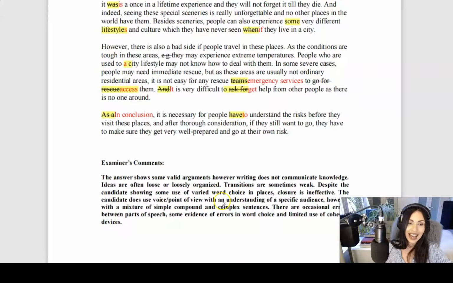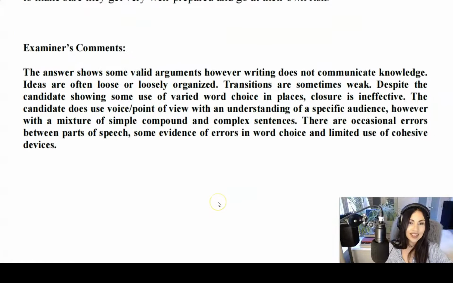Right, finally we look at some examiner's comments, and here were the comments. The answer shows that there are some valid arguments. However, writing does not communicate knowledge. Ideas are loosely organized. The transitions from one sentence to another are sometimes weak. So that's why they got a 6 rather than a 7, despite the corrections.